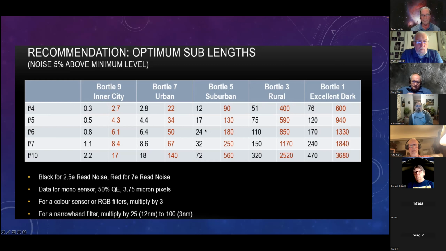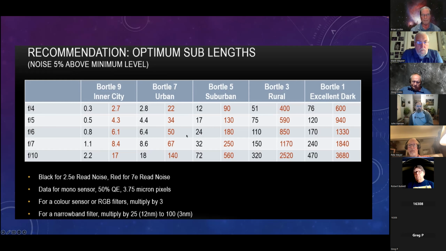So let's say you're in Bortle 5 and you're at f6 and you've got low read noise on your camera and you have a mono luminance filter. Your ideal number of seconds for the sublength, without gaining anything else, is 24 seconds.